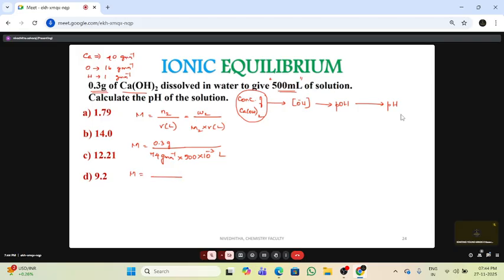Please simplify and tell me the value of M, the concentration of calcium hydroxide. Just give me the approximate value, that is enough.